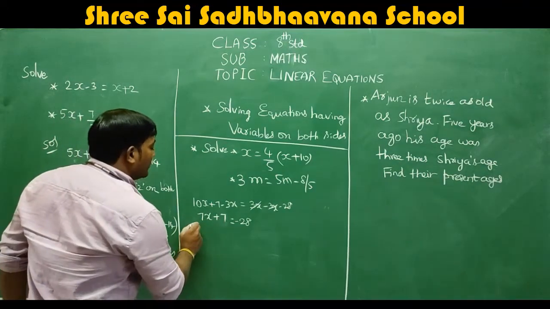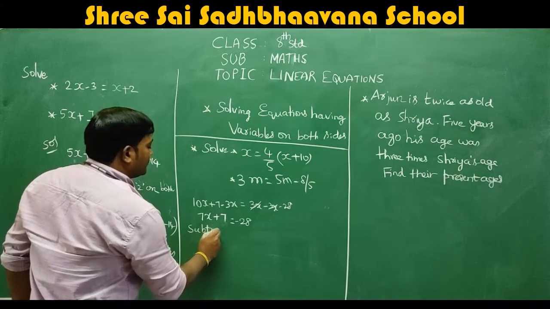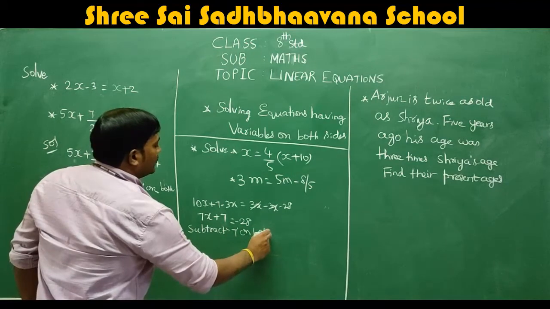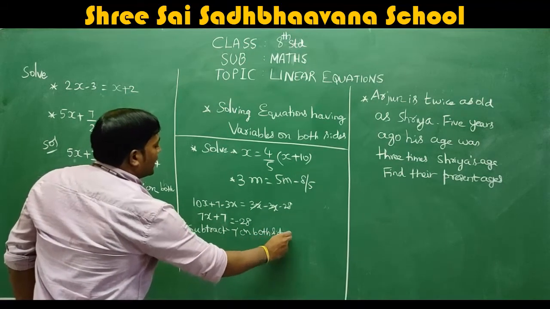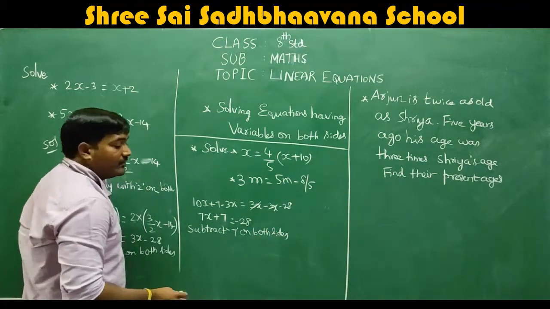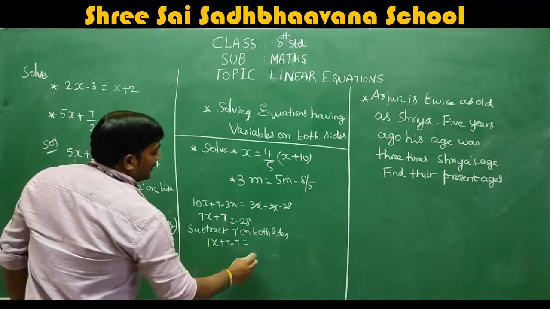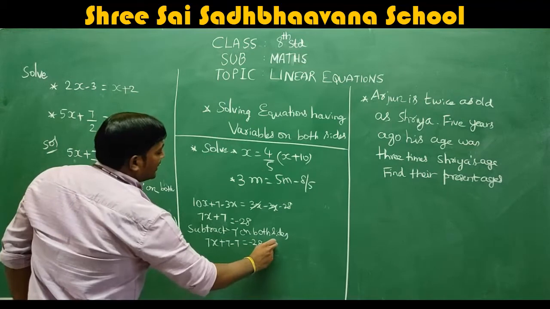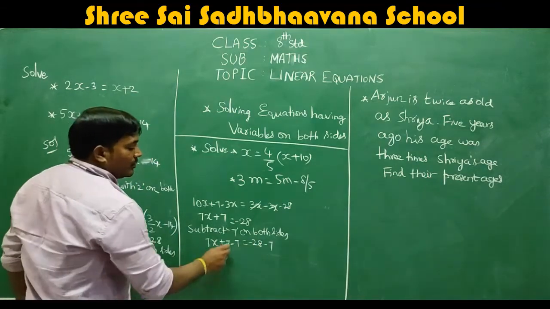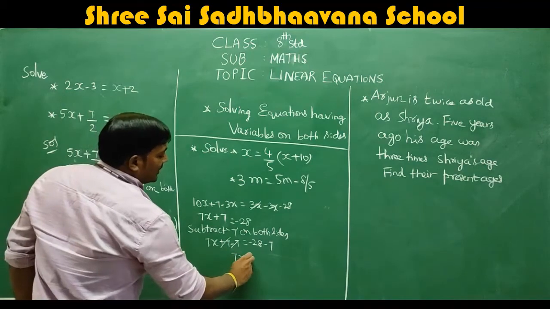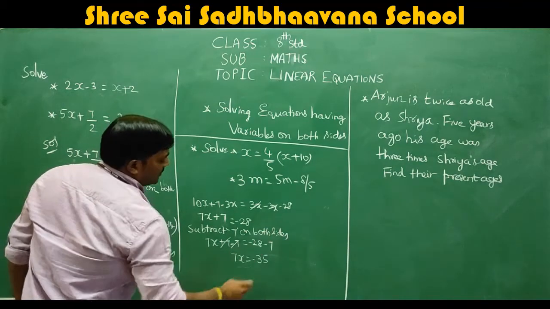To eliminate the 7, subtract 7 on both sides. You do one more step. When you subtract 7, it becomes 7x plus 7 minus 7 equals minus 28 minus 7. So the 7 gets cancelled here, and you are left with 7x is equal to minus 35.